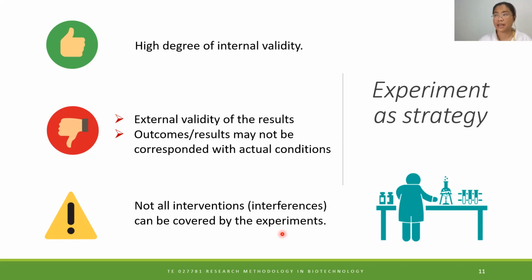Another point, related to our field: if you are doing an experiment in the lab, you could control contamination, you could control many things, you could even control the raw materials that you use. But in the real world situation, everything varies. So all interferences cannot be accounted for in an experiment. This is something that you need to understand.